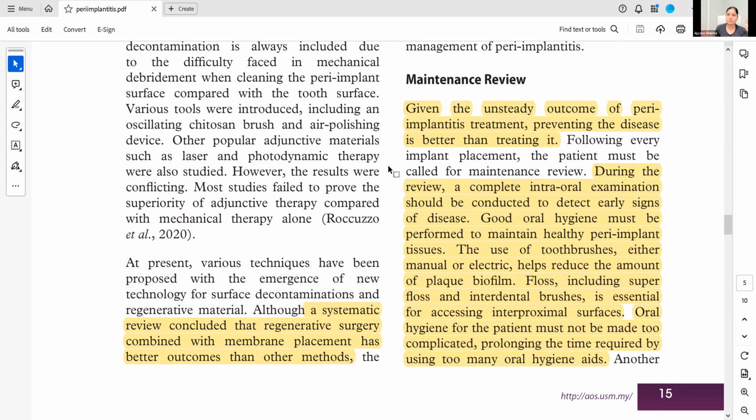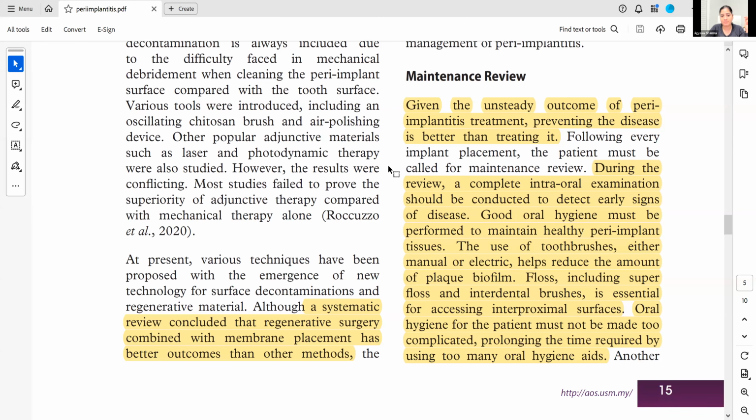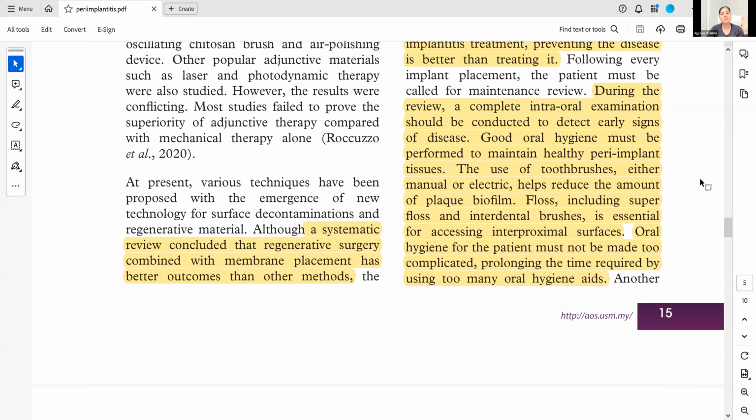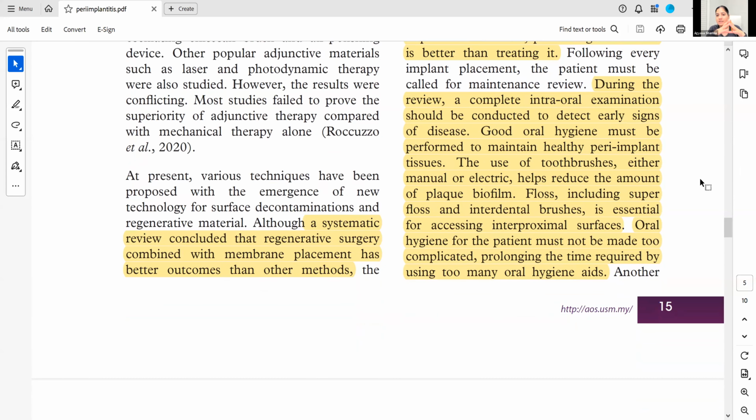The best prognosis would come from the circumferential vertical bone loss around the implant, which can still be regenerated through the graft and membrane method. Now, given the unsteady outcome, it is most important to preserve the implant and prevent the disease rather than trying to treat it. During the review, a complete intraoral examination should be conducted to detect early signs of disease.